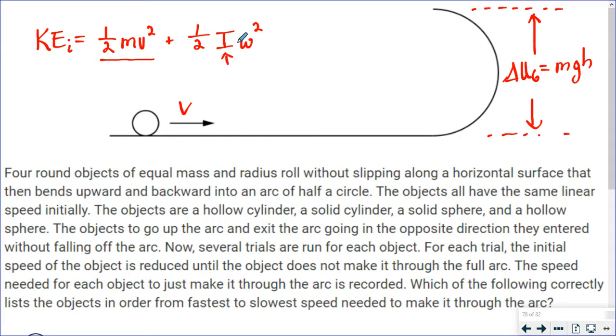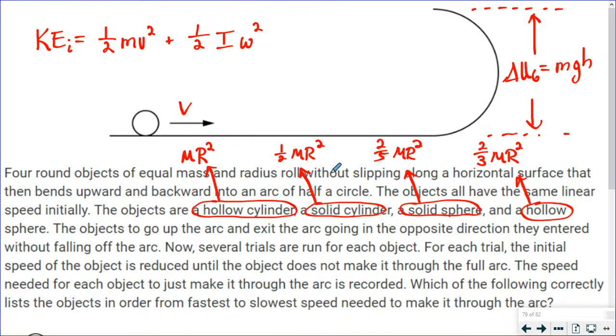If an object has a really large rotational inertia, I can have a smaller velocity, and that lower velocity, in addition to my rotational inertia, will give me enough energy to get up this little arc here. So if you have an object with no rotational inertia, and this term was 0, all of that energy would have to come from the translational velocity. And we would have to have a high velocity for that object to go up. So the higher the rotational inertia, the less velocity you need. So let's look up our rotational inertias. Here they are. Here's my highest rotational inertia.